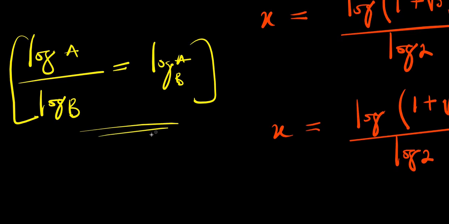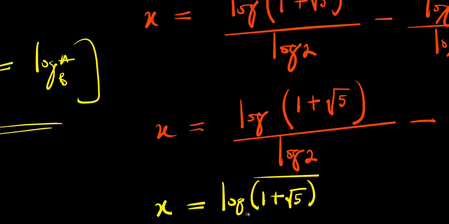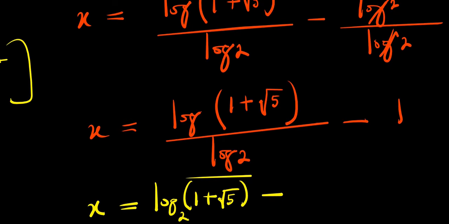So applying this identity right here, you can easily agree with me that our x equals log of 1 plus root 5 to the base of 2, minus 1. Have you seen that? So this becomes our solution. x equals log of 1 plus root 5 to the base of 2, minus 1.